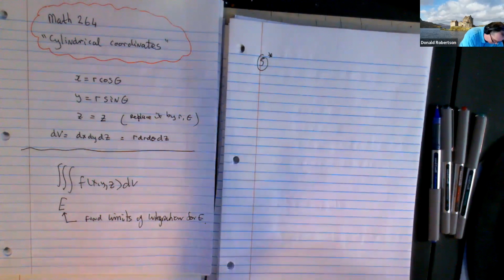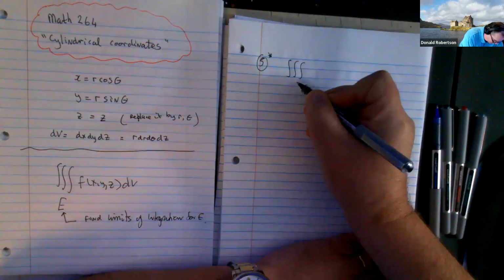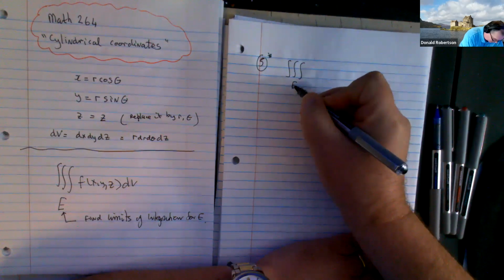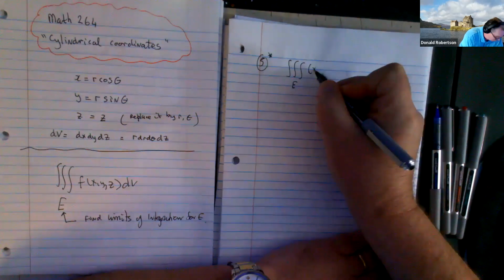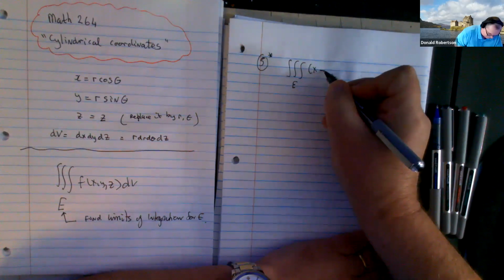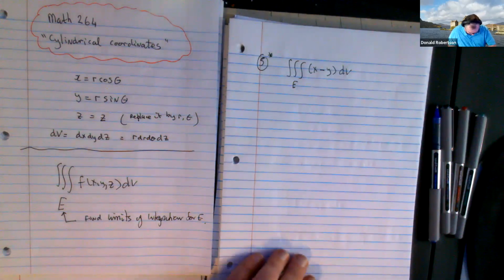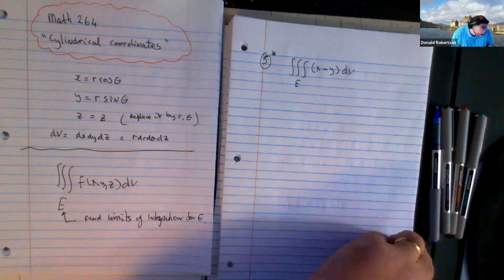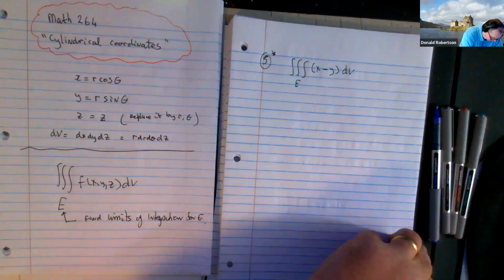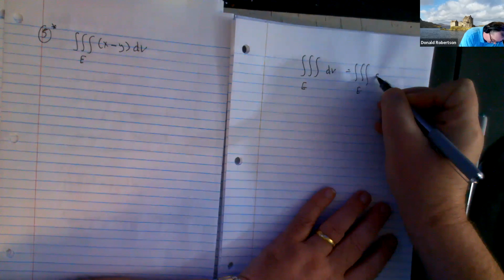because we're being asked to do a triple integral over E of x minus y dv. Oh, side issue. Suppose you are finding the triple integral over E of dv, which basically is the triple integral over E of 1 times dx, dy, dz.